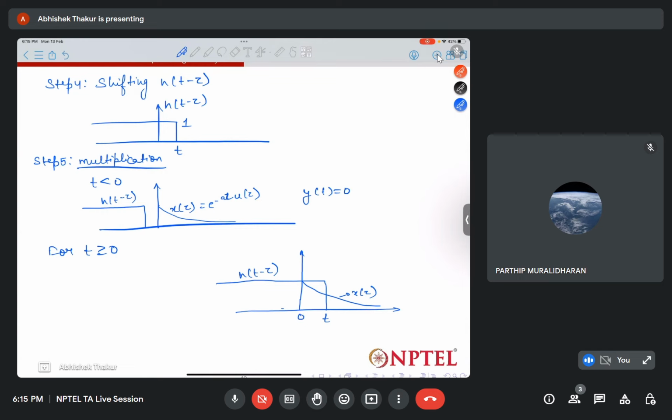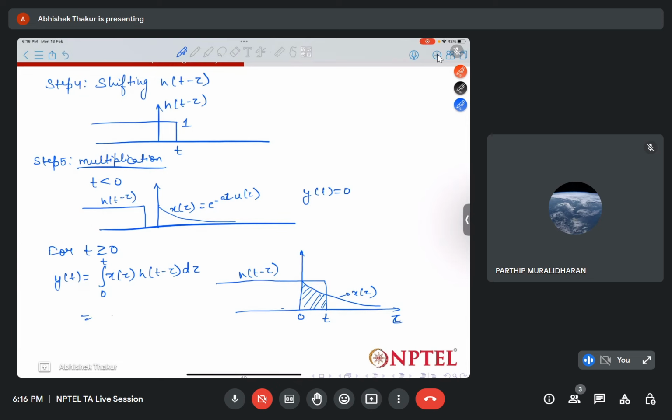Here t is greater than 0. The overlapping area is between 0 and t. So yt, by the convolution formula, is the integral from 0 to t of x tau h t minus tau d tau.